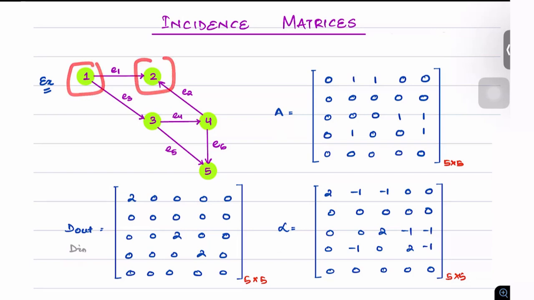vertices. Is there a way in which we can create yet another fundamental matrix associated with a digraph or a graph which uses the information of the edges that we have in the network? Can we construct any such fundamental matrix?